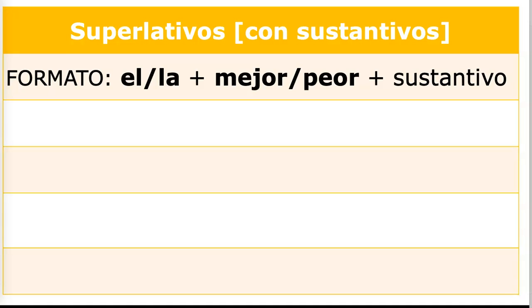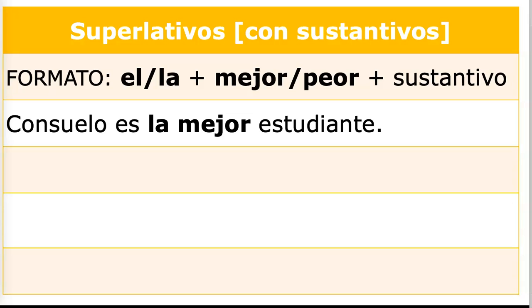Now, if what we're comparing is a noun, instead of using más or menos, we're going to use the words mejor or peor. Consuelo es la mejor estudiante, and Consuelo is a girl's name, so we use la.